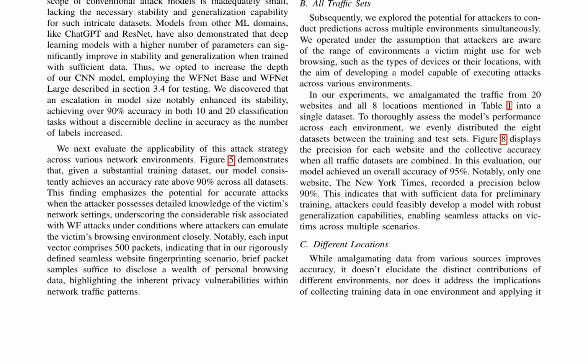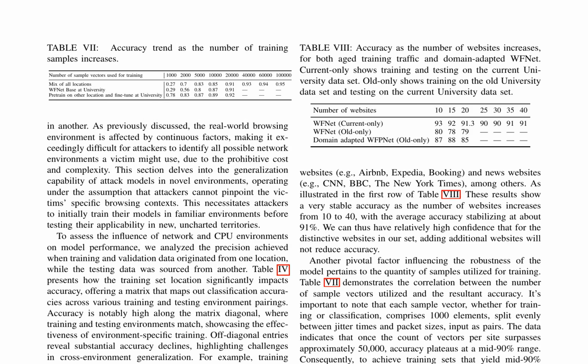The distinct contributions of different environments and the implications of collecting training data in one environment and applying it to another were also examined, which is crucial for understanding the potential risks associated with website fingerprinting attacks and developing effective countermeasures. In novel environments where attackers cannot pinpoint the victim's specific browsing context, the generalization capabilities of attack models are explored.